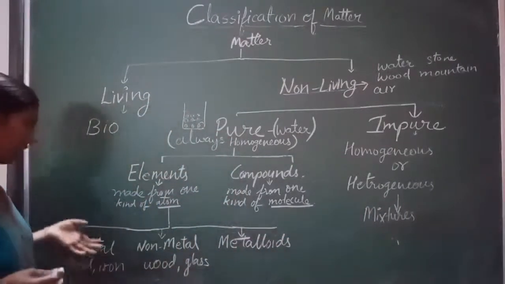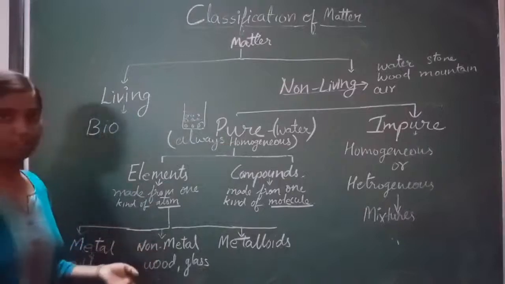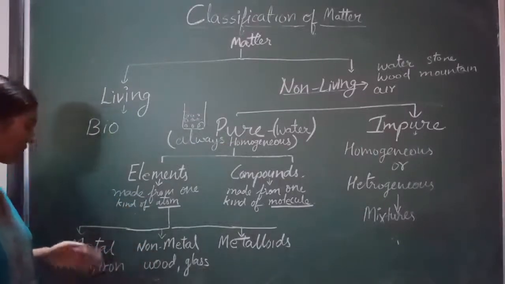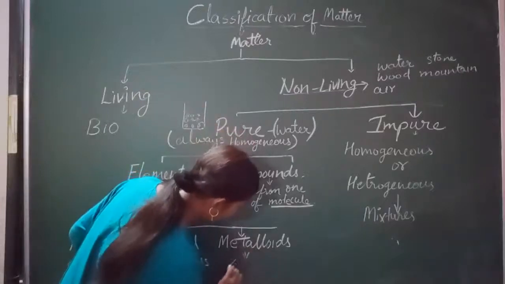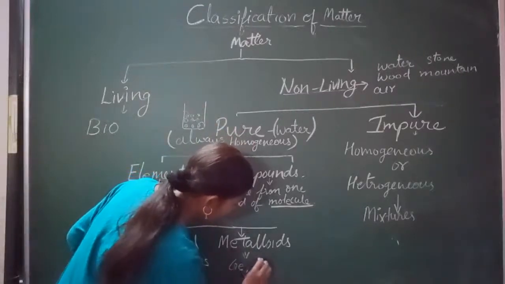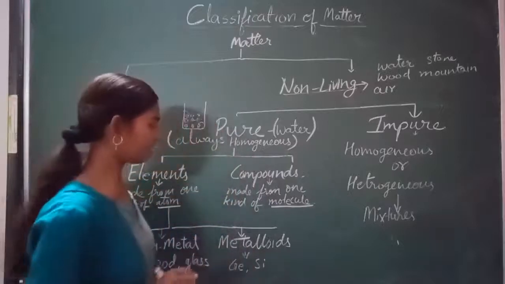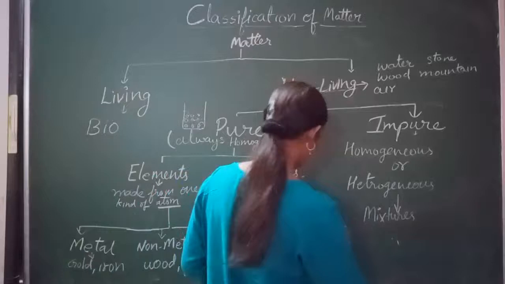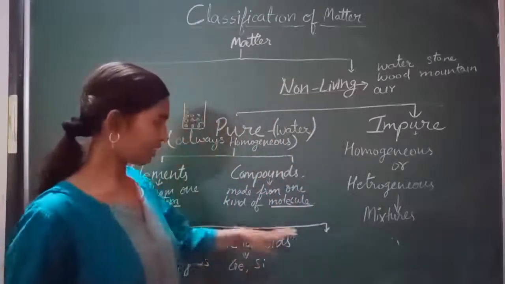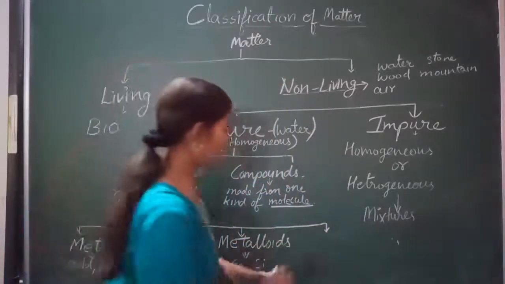They are half metal and half non-metal, formed from the combination of these. Examples of this are germanium and silicon. In short, I am writing it as a symbol. Next, the last one is noble gases.